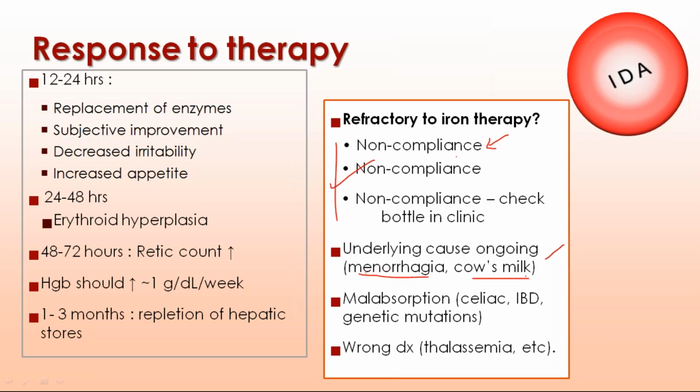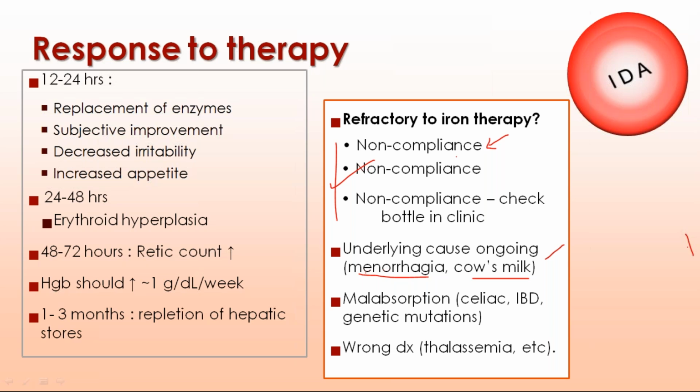Silently they're losing blood, microscopic blood losses in the stool, so it's not even evident. So you have to rule out CMPA. Other causes of malabsorption include celiac disease, inflammatory bowel disease, and various genetic mutations causing Crohn's and such things.